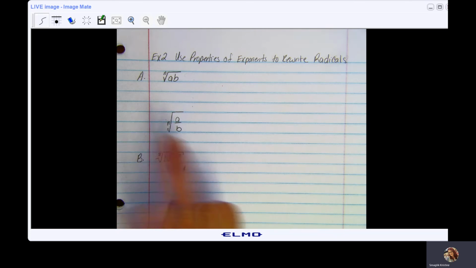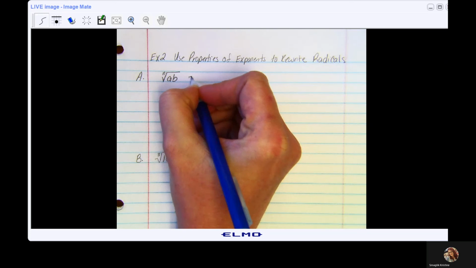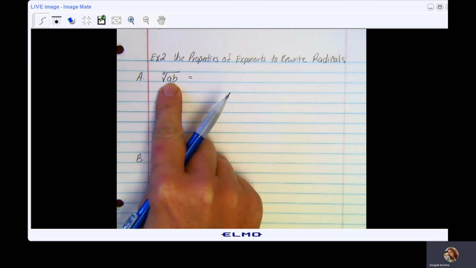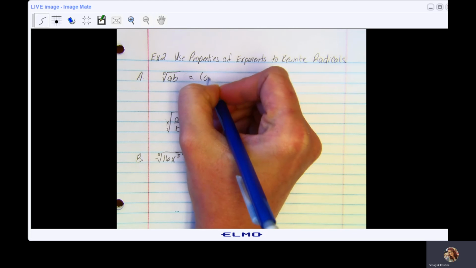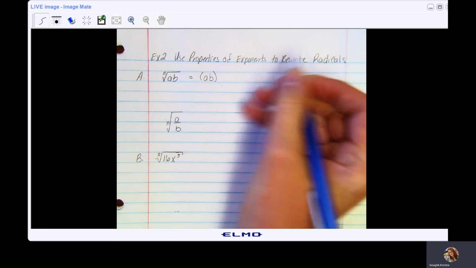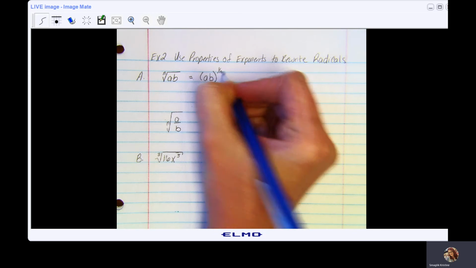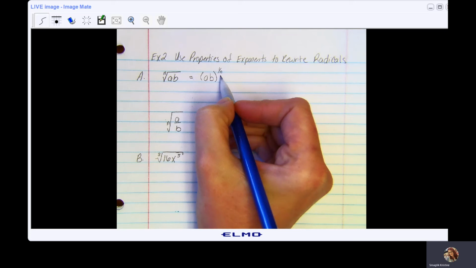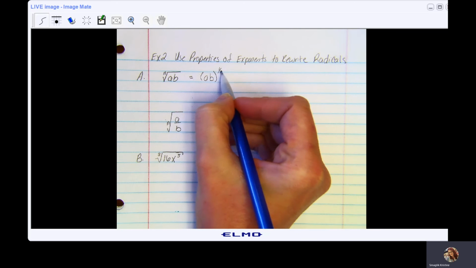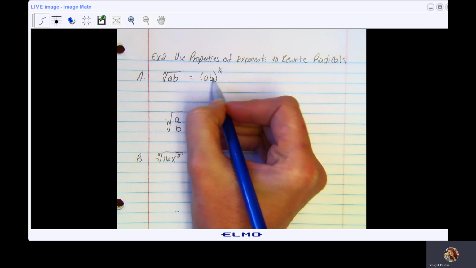So if you think about it here, I have the nth root of a times b. Well, if I put this in exponential form, I have a times b raised to the 1 over n. If you apply your power of a product property, you would be distributing this exponent to both of your factors.